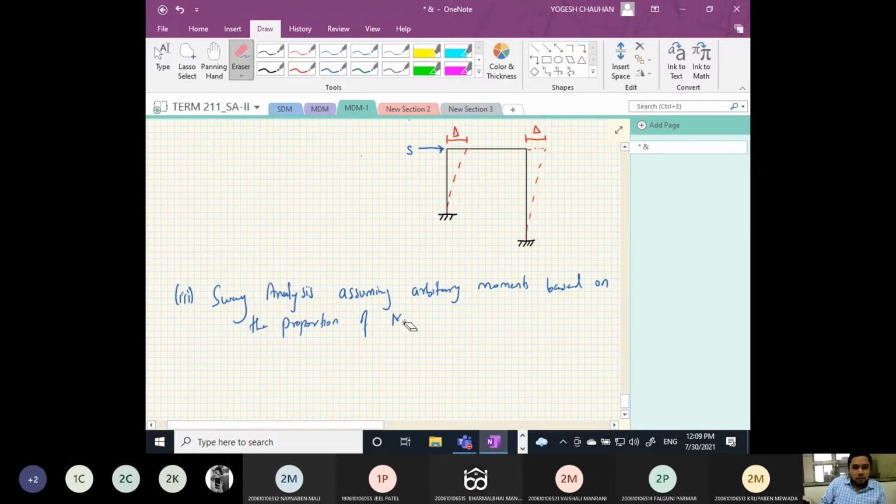Say, based on the moments in the columns.